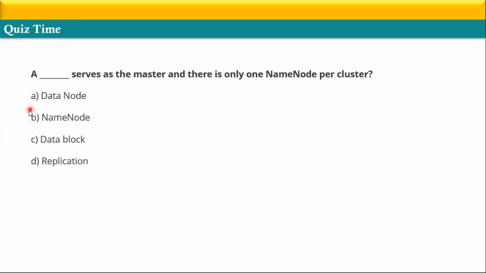That is the simplest one, huh? This is the master of the Hadoop ecosystem, and it is used to maintain metadata, and metadata is nothing but data about data, like which block is moving to which data node. That is the job of this particular name node. And all the data nodes share the heartbeat message with the name node to say they are alive, they are in the system only. So name node is the correct answer, and data nodes are the slaves.